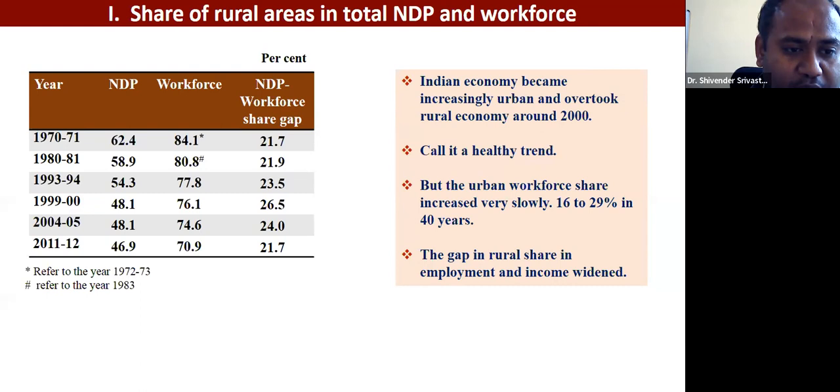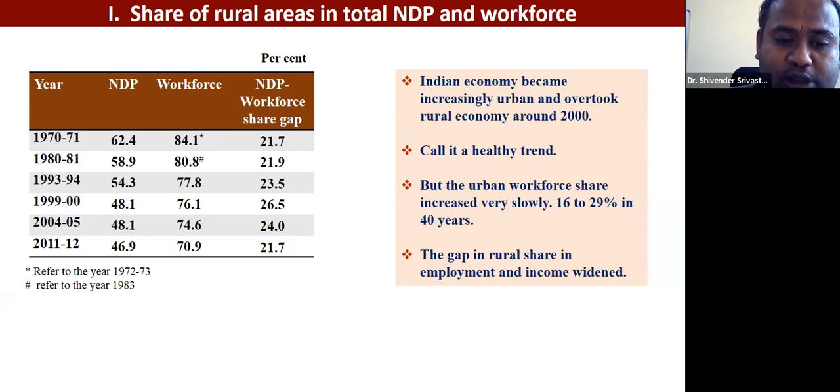By the year 2000, urban areas outpaced rural areas in their contribution to output. More than 50% of the output was produced in urban areas by 2000, but still 76% of the workforce was living in rural areas.